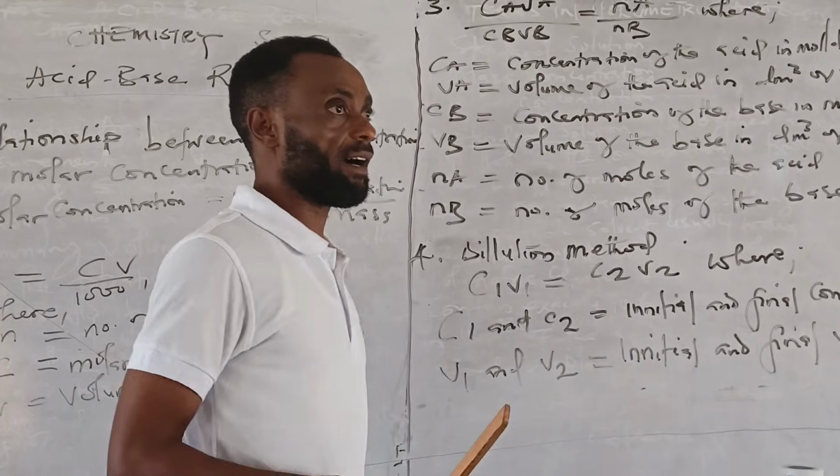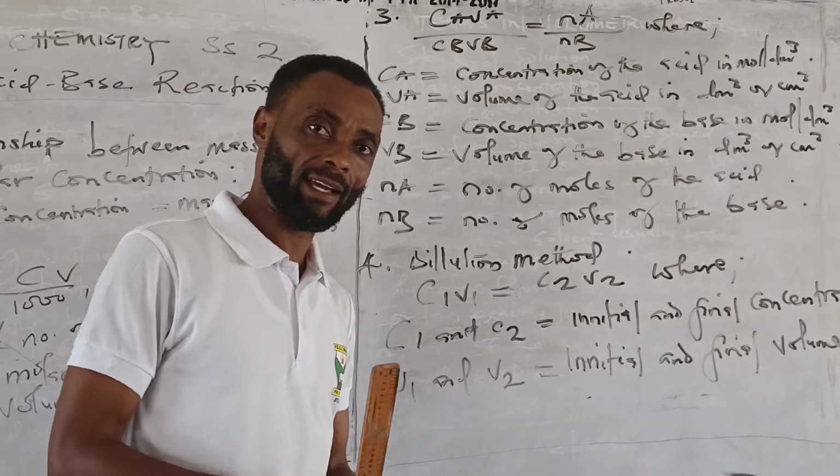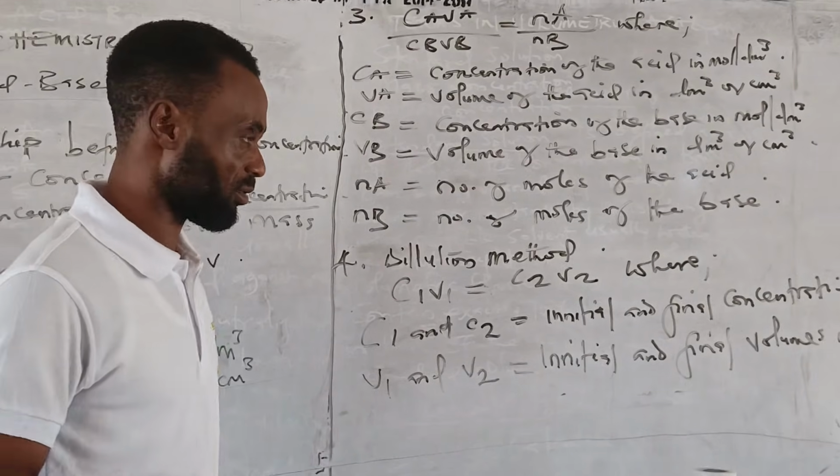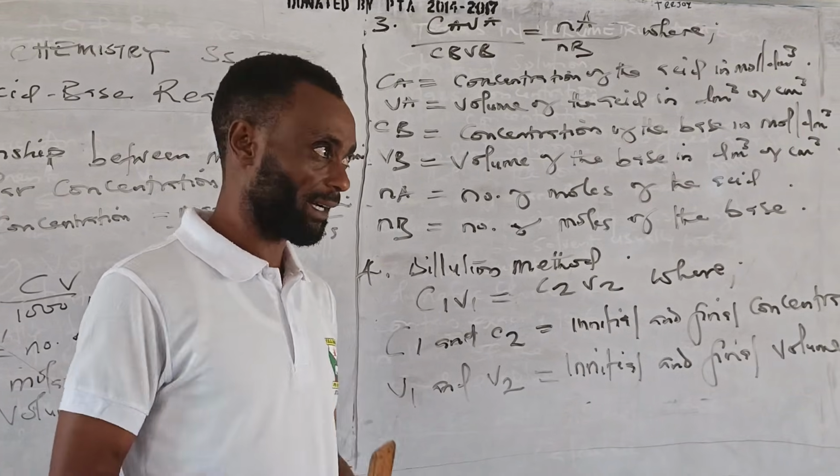And the third formula, we normally refer to it as the mole ratio formula. Some people will call it the CAVA formula.